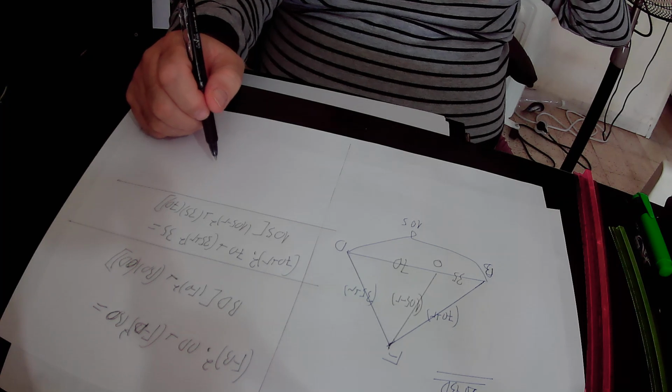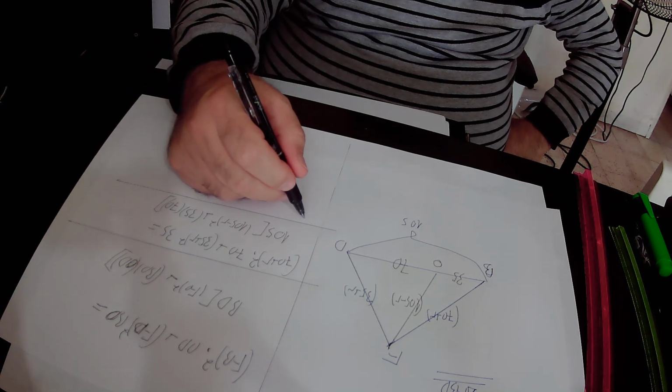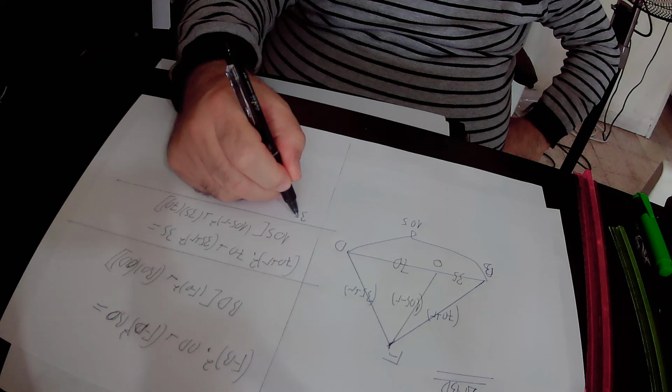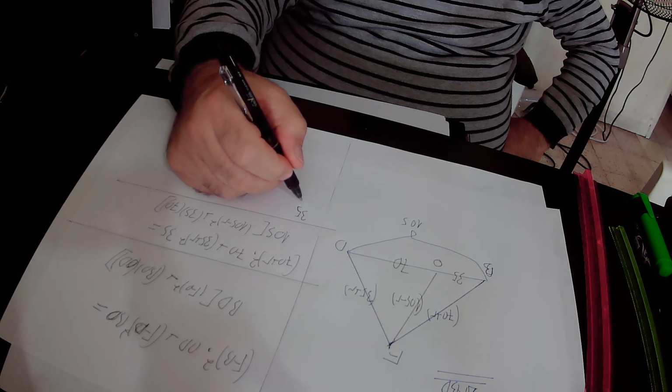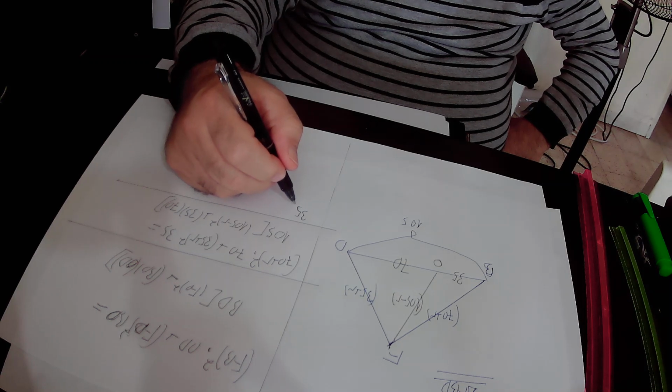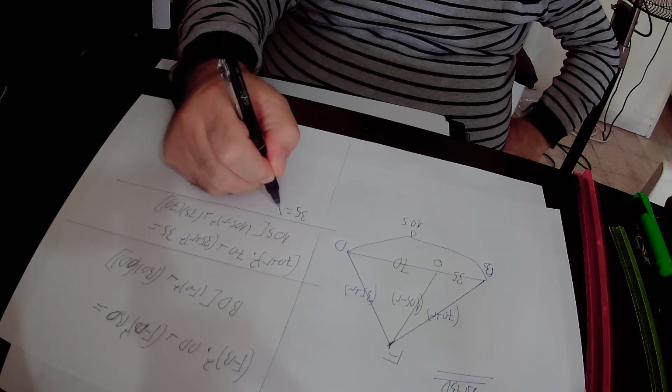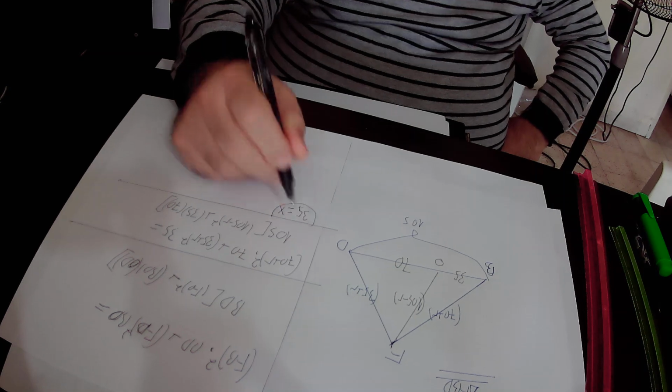Here we substitute the number 35, or any multiplication of 35 by a natural number, by x. 35 equals x according to our definition.